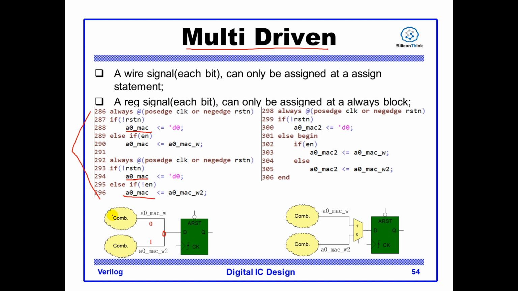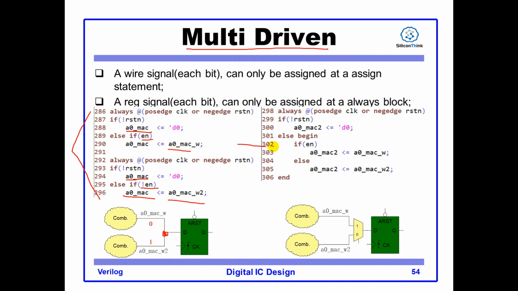The first logic cone will drive this point, and the second logic cone will drive the same point. This is called multi-driven, and this is not allowed in our digital circuit. Even if you have used the enable signal to ensure that multi-driven can't happen, and you think this is actually a mux, yes, you can mux between this value and this value, but the synthesis tool can't understand it.